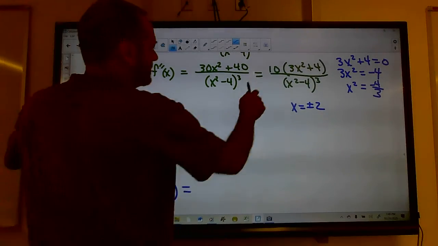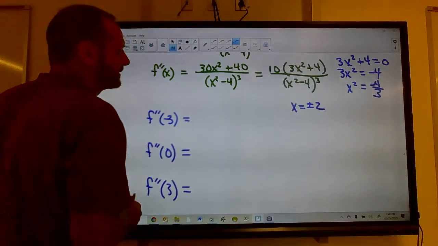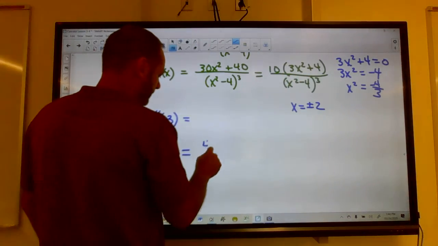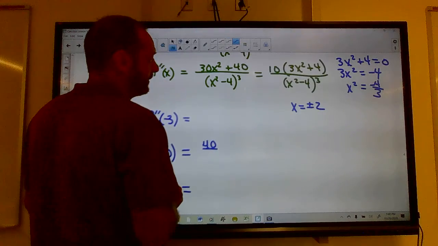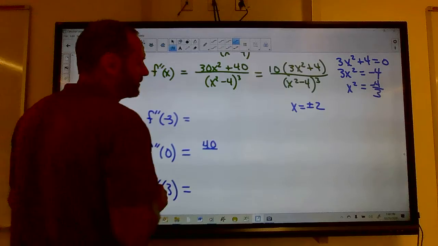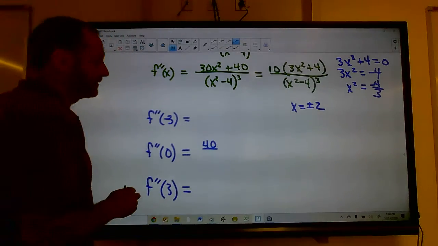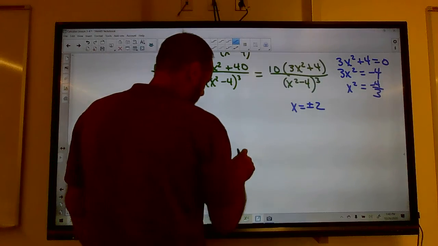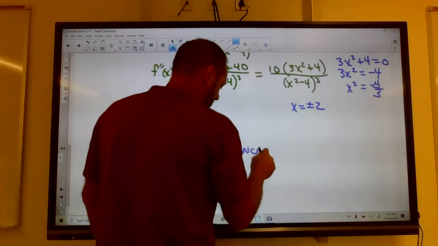Let's see, if I plug in 0 into this, that's usually easy to do. That's going to give me 4 times 10 is going to be 40 on the top. And it's going to give me negative 4 to the third power. That's going to be negative 64. So that's negative, which means it's going to be concave down.